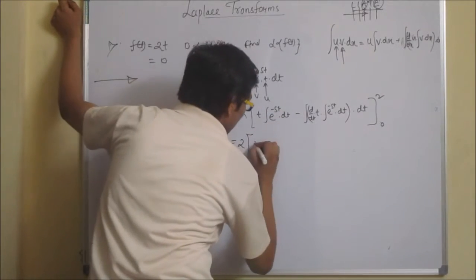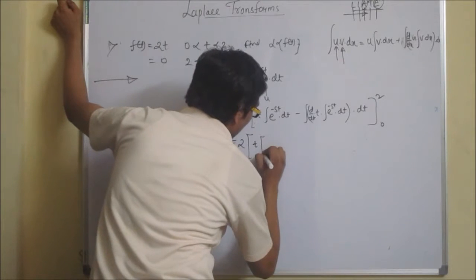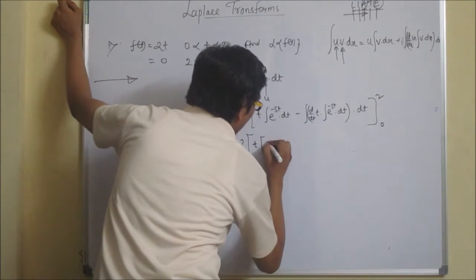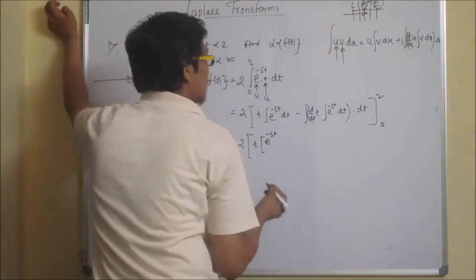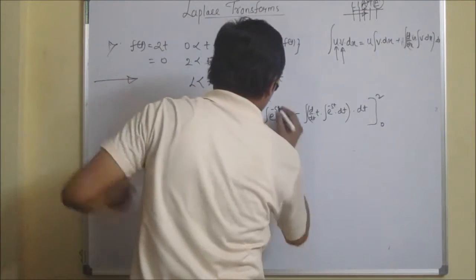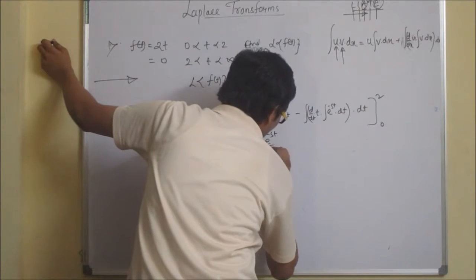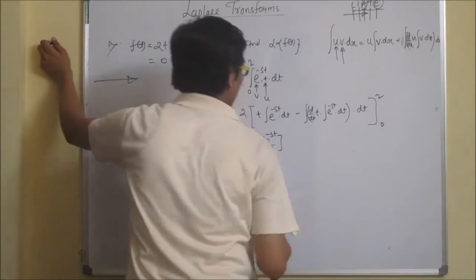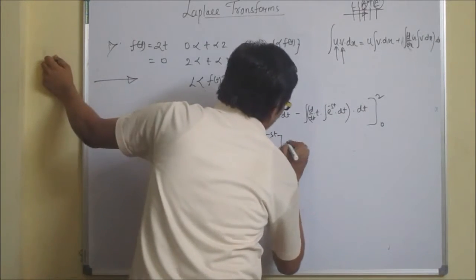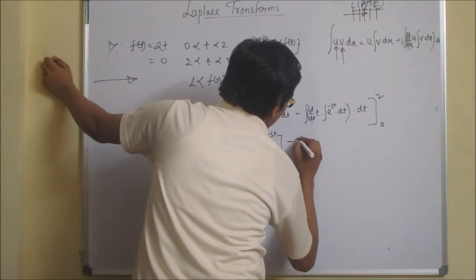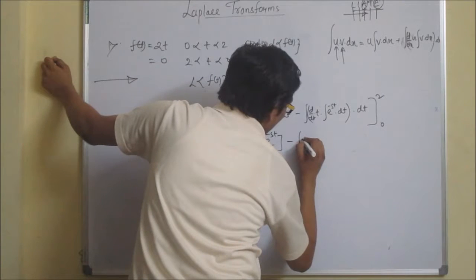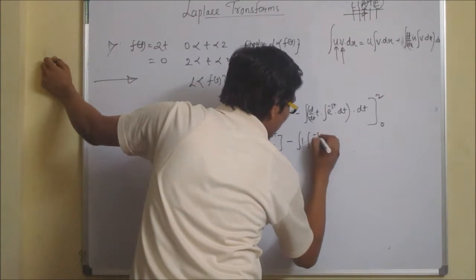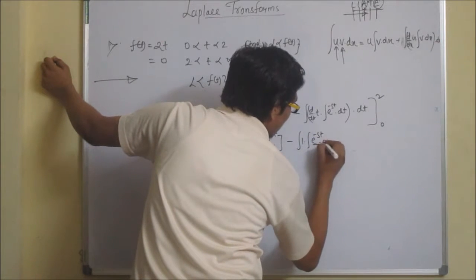What is this, t e raised to minus st by minus s, minus, differentiation of t is 1, e raised to minus st dt.